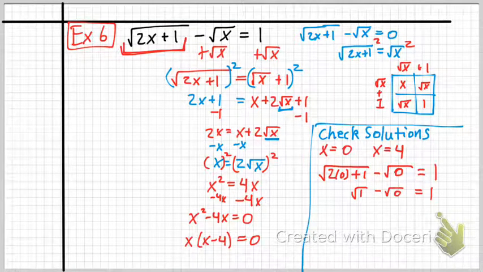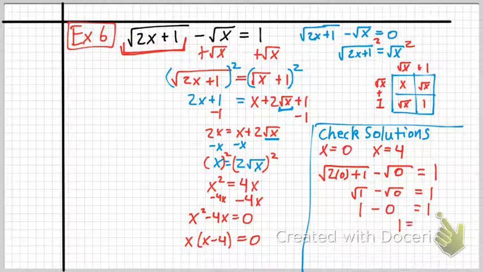And we see that the square root of 1 is 1, minus 0 is equal to 1, and we see that this is true. So 1 is equal to 1. So that's a big old check mark right there. Alright, and then let's just plug in x equals 4 just to verify.